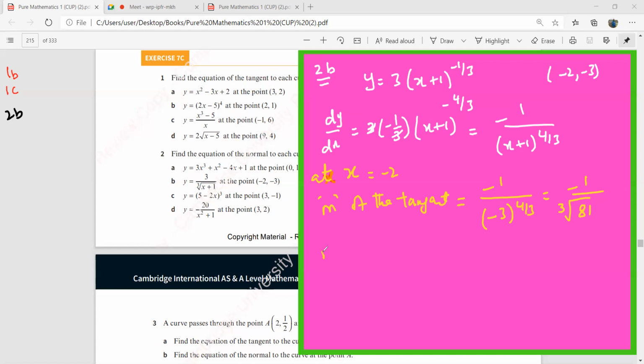Now I have to write down the gradient of the normal. That is going to be the negative reciprocal of this, so that is the cube root of 81.